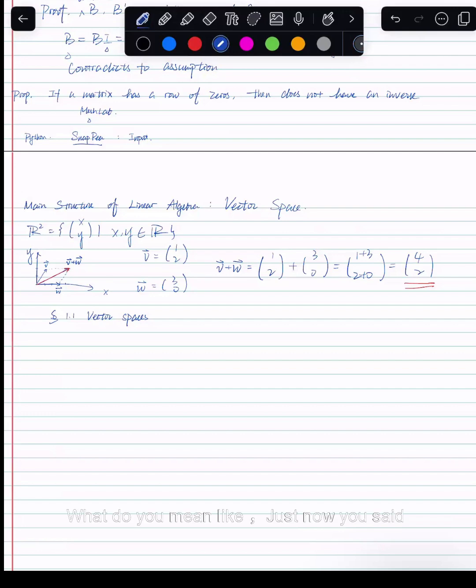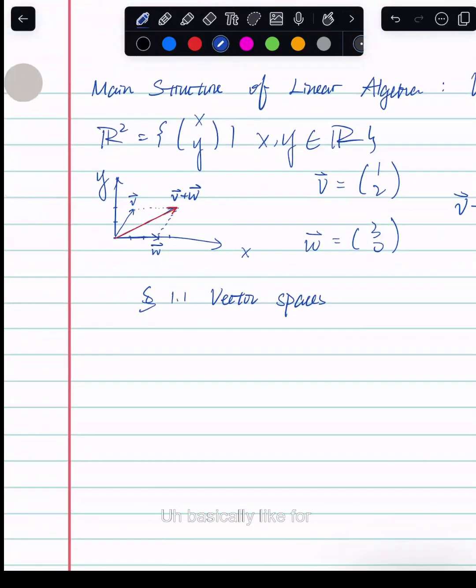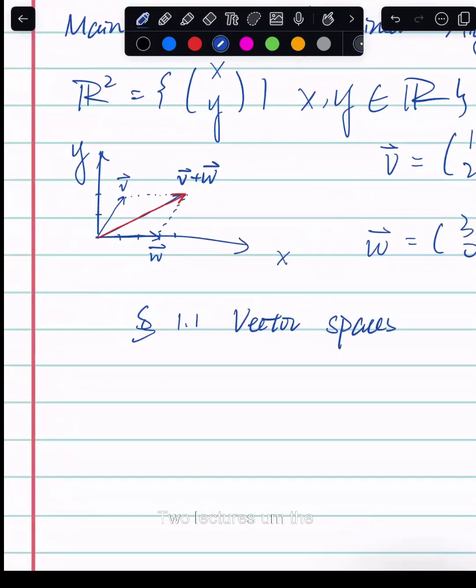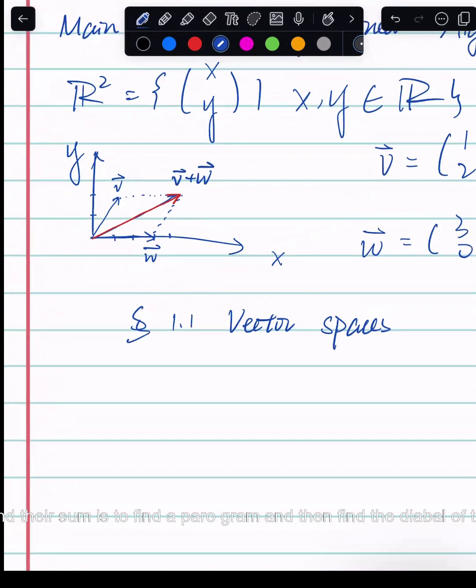Just now you said vector addition works in two ways, one was the algebraic way, and I don't know what the second way is. Oh, it's geometric. For two vectors, the way we find their sum is to find the parallelogram and then find the diagonal of them. The diagonal is the sum of the two vectors.